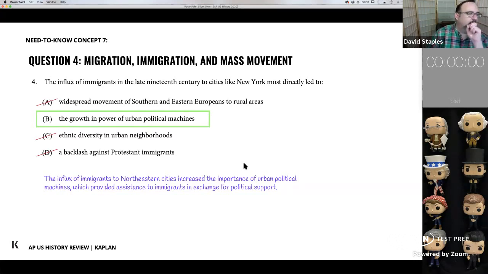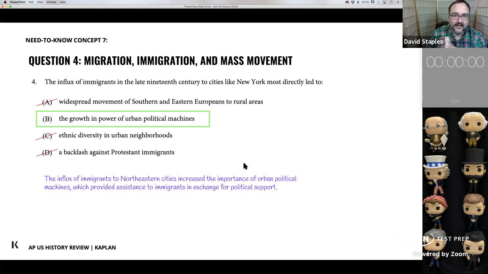And someone mentioned C, and I did want to mention that one. That one's a tricky answer because of one thing. And again, this isn't a multiple choice test anymore. But just to think about this concept, there wasn't diversity at that point. Diversity, I mean, not in the way that word should be meaning. Were there a lot of different groups in the urban areas? Yes.